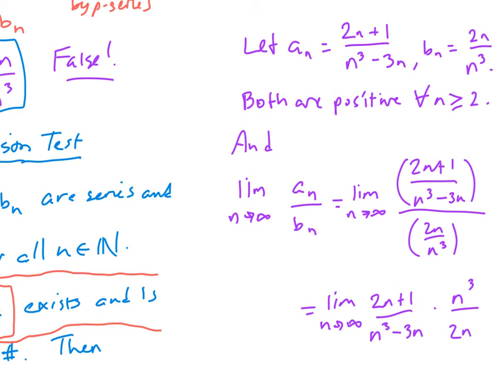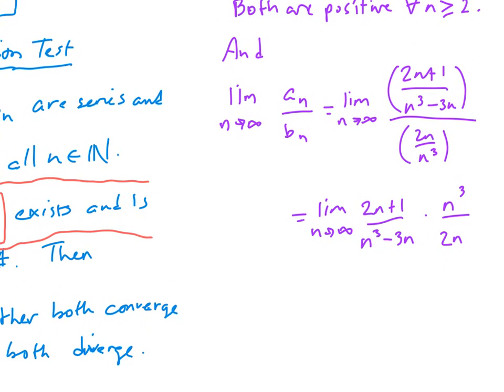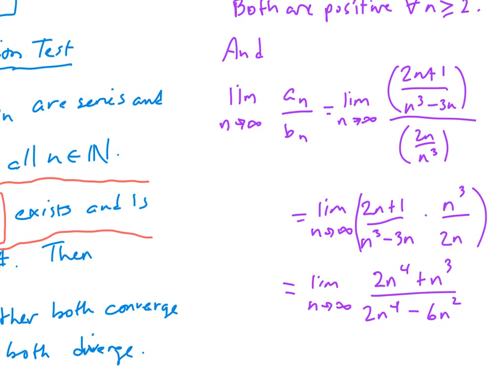It seems a little bit off of the main point here. So I can simplify that expression like that. I'm going to put parentheses around this just to very clearly indicate what I'm taking the limit of here. And now I've got the limit as n goes to infinity of, now this is a bit of a pain, but I think I can multiply that out without too much trouble. That's going to give me 2n to the fourth plus n cubed on top, and then 2n to the fourth minus, God help me, 6n squared in the denominator.